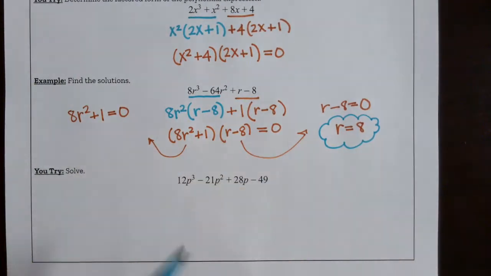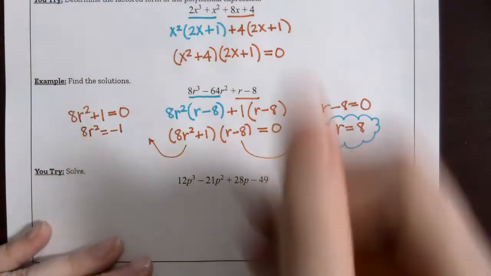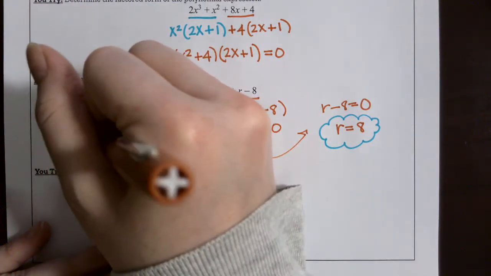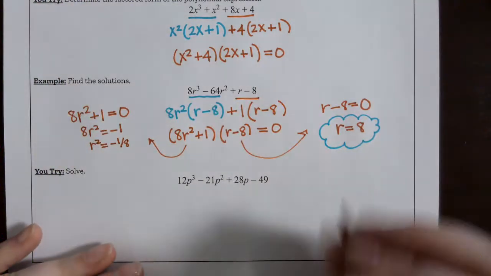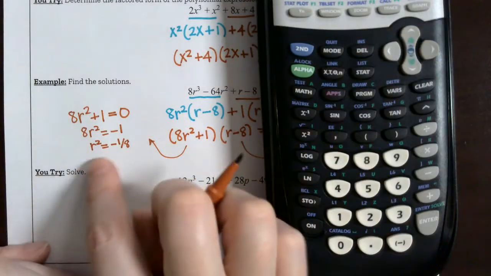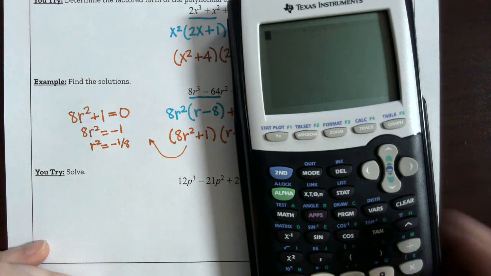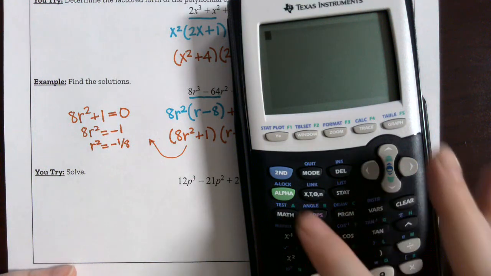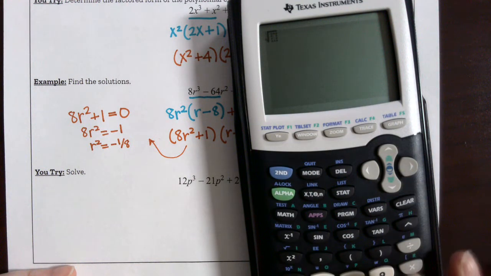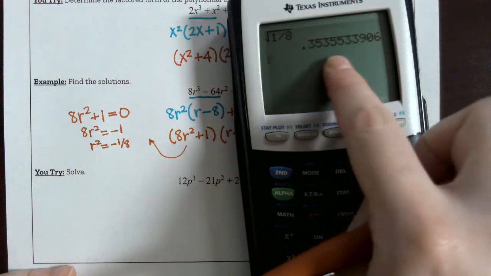And over here, I'm going to have to do a couple more steps. I'm going to subtract 1 from both sides, divide by 8 on both sides, and take the square root. And remember, if you have a negative sign, you can't take the square root of a negative number. You're going to have an i in your answer. So when I take the square root, I'm just going to take the square root of 1/8. That gives me that number.